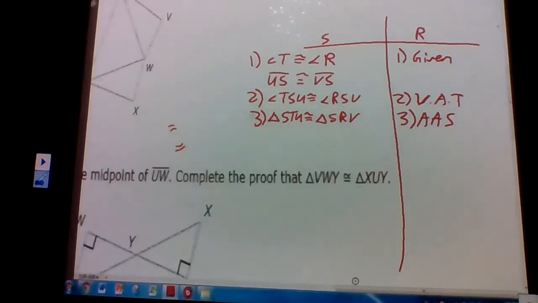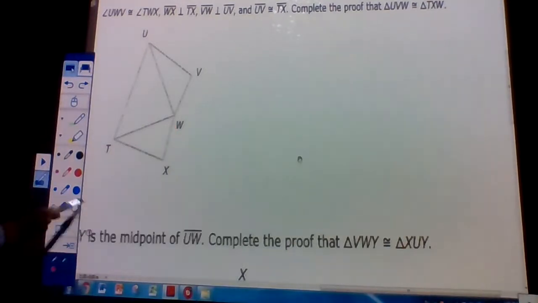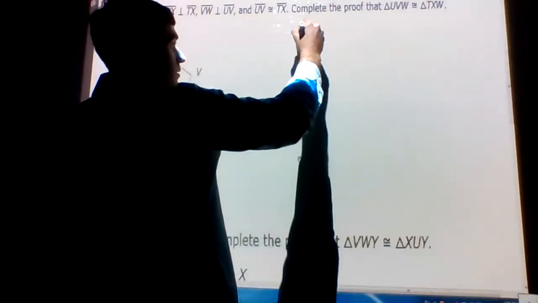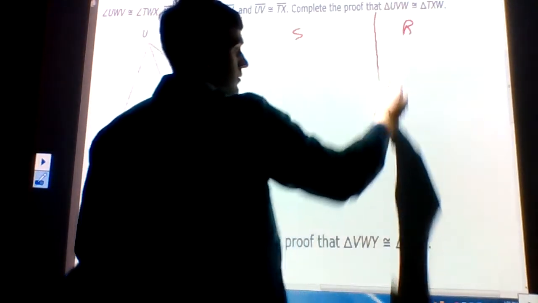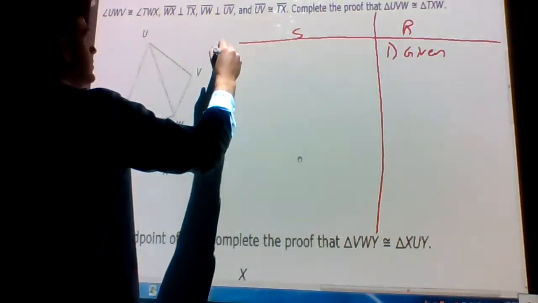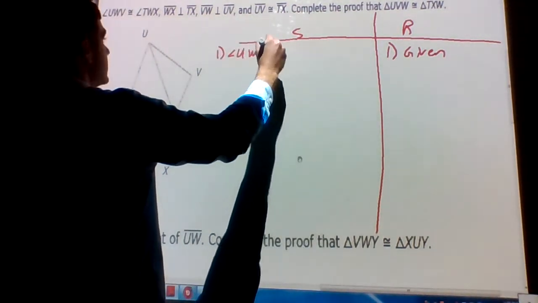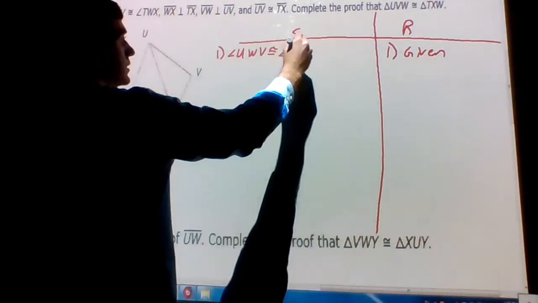Let's go up to the fourth one here. Things get a little more complicated on this side of the paper. Okay, so we have statements and we have reasons. First statement is always what is given. So we have angle UWV is congruent to angle TWX.